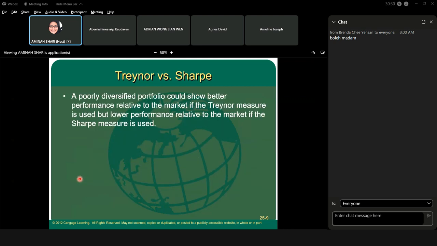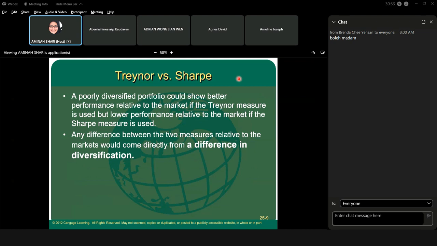Tapi what happened to the poorly diversified? Treynor measure is used but lower performance relative to the market if the Sharpe measure. Okay, kalau dalam case poorly diversified portfolio, Treynor memberikan performance yang lagi bagus compared to the Sharpe. Okay, itu yang berlakulah kalau poorly diversified. Okay, and then any difference between the two measures relative to the market would come directly from a difference in diversification.